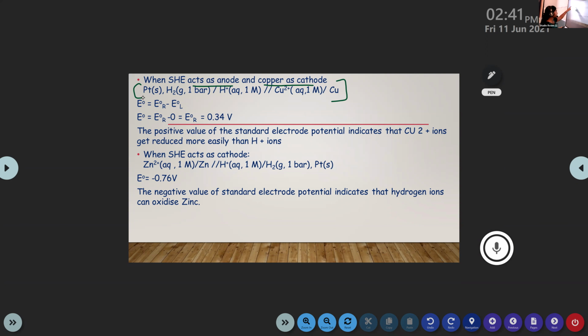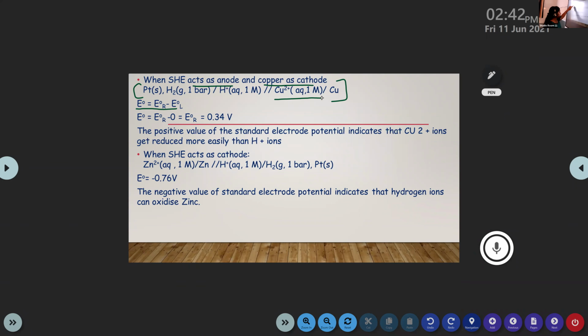Then we learned the equation to find out the cell potential. That is E0 cell is equal to E0 R, R means right side. Here the right side is cathode, right? E0 cathode minus E0 anode.